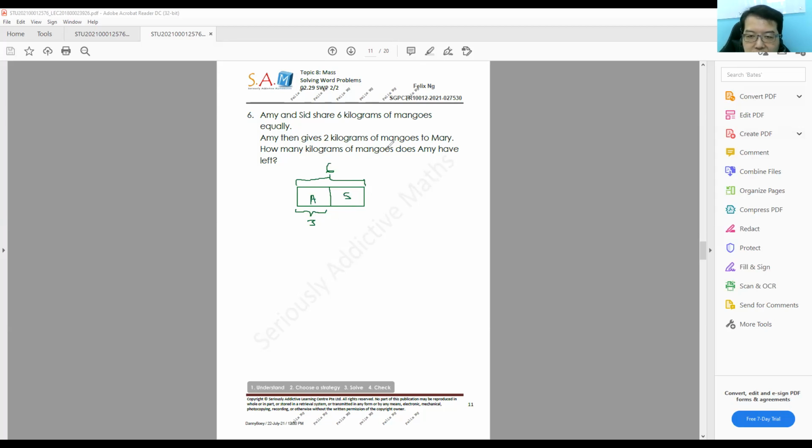Amy then gives 2 kilograms to Mary, right? Mary is another person, okay? So how many kilograms of mangoes does Amy have left? So Amy has 3, and then she gives away to Mary 2 kilograms, 1 kg.